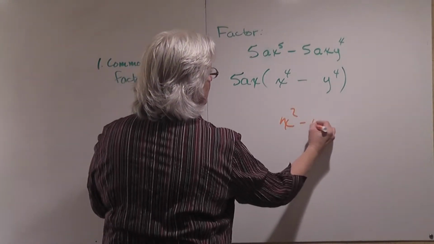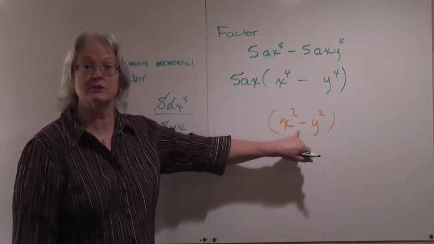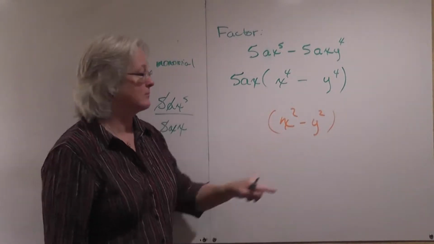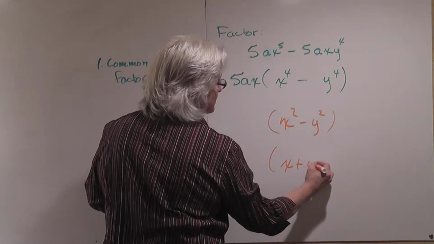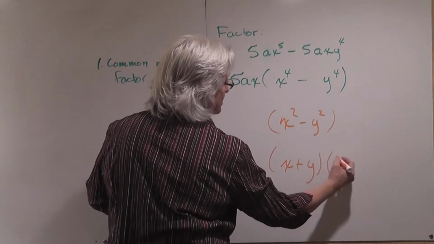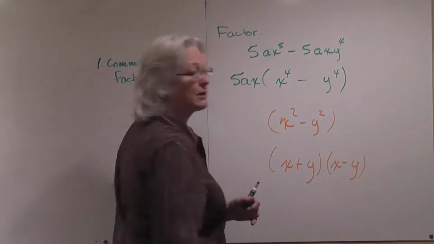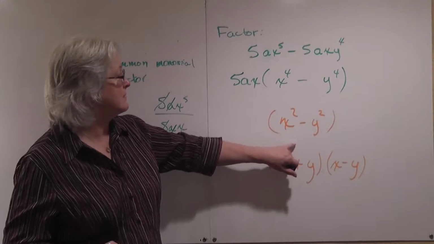And you had learned that this was clearly what they call the difference of two squares. Two squares that we're subtracting. And you learned that you factor this into the sum of the square roots of the terms times a second factor that was the difference of the square roots of the terms.